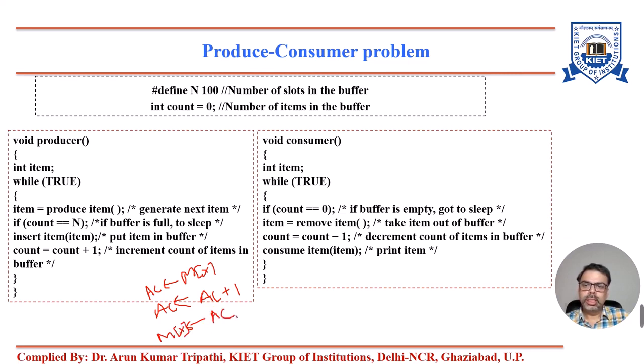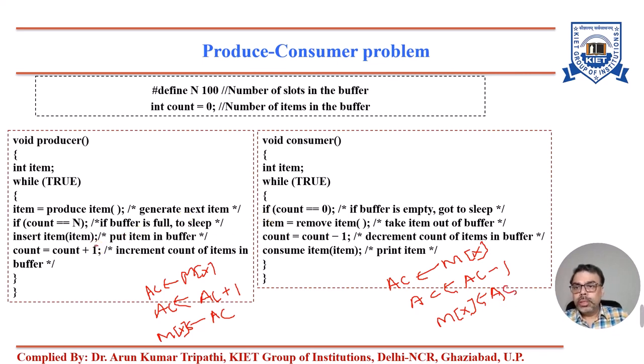Similarly, to decrement the value, the accumulator will fetch the value of the memory location, then AC is equal to AC minus 1, and at the end the memory location will get updated with the latest value of the accumulator.